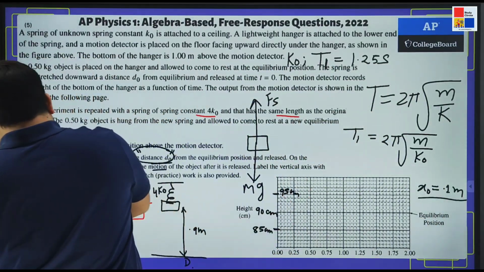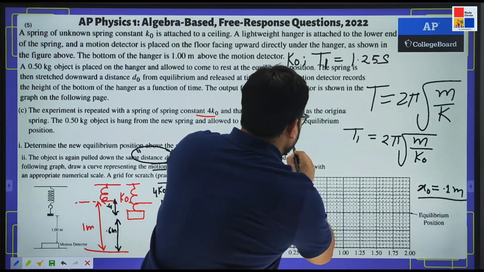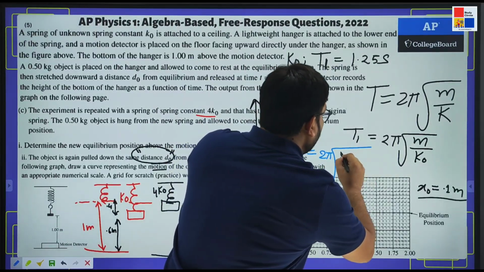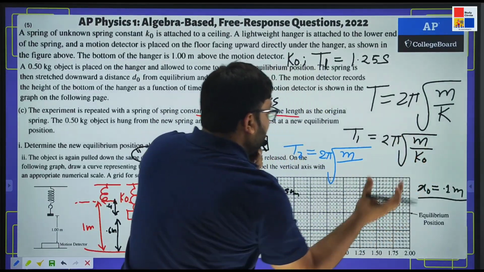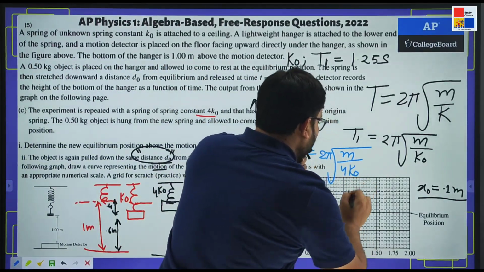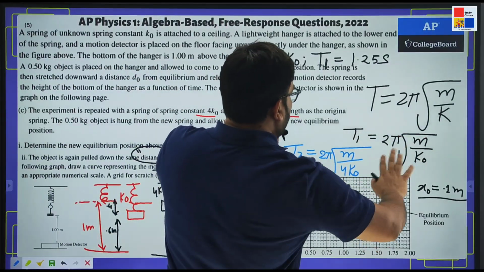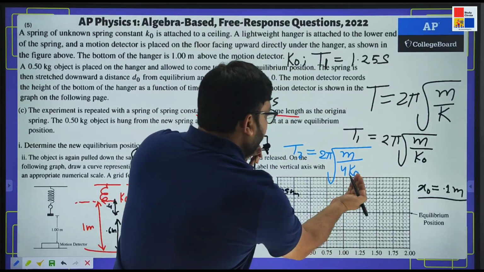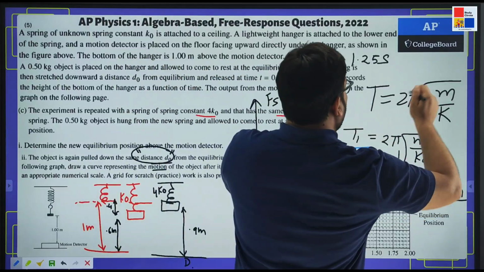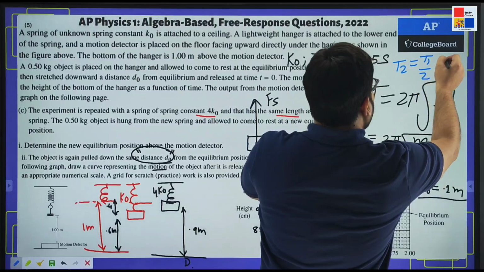The new time period, T2, is going to be 2 pi square root of the mass, still the same, but the spring constant is 4 times k naught, so I write 4 k naught. If you compare these two, the 4 comes out of the root as 2, so T2 is nothing but half of T1.